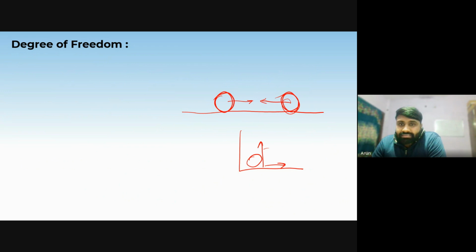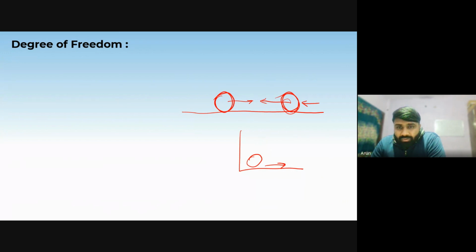You can't consider rotational motion for a point mass. So if it is moving along a rod, which is a straight line, it can only have a translational motion. Translation means shifting from one point to another point without rotation. Okay. So if I want to stop this ball, how many dimensions do I have to cover? Only one dimension. I have to apply the force in one dimension only.